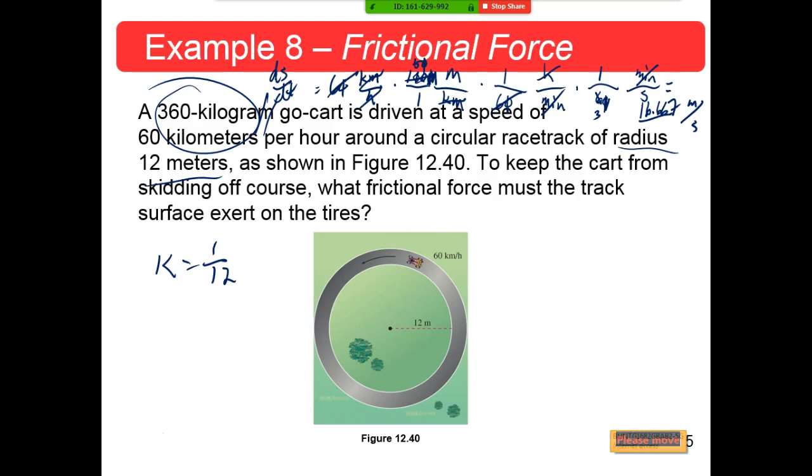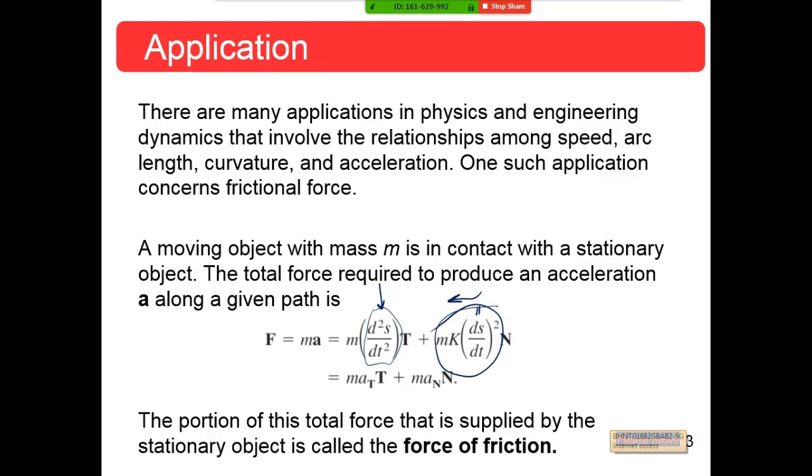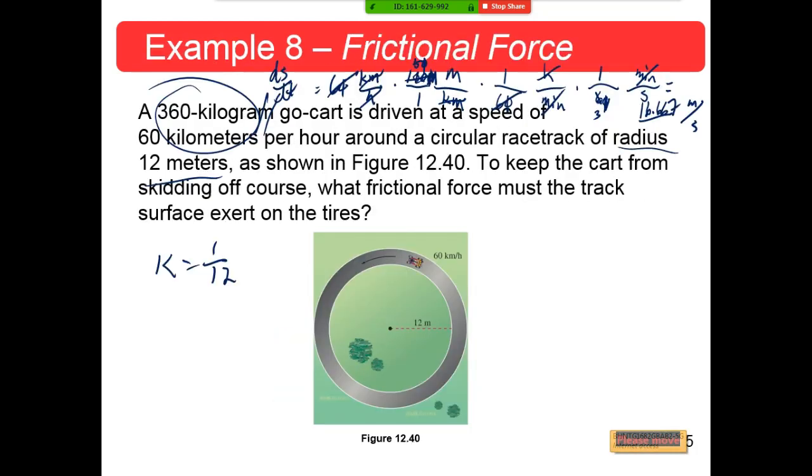All right, let's go back and remind ourselves what the formula is now. It's m times k times speed squared, right? So your a sub n is equal to m, 360 kilograms, k is 1/12, and this is a per meter.